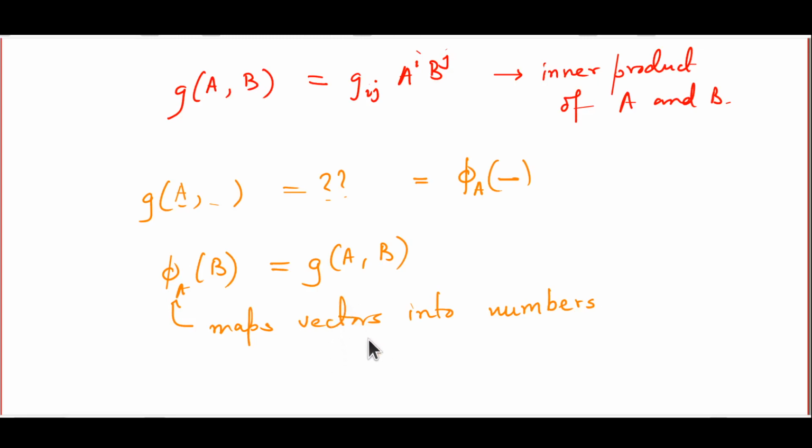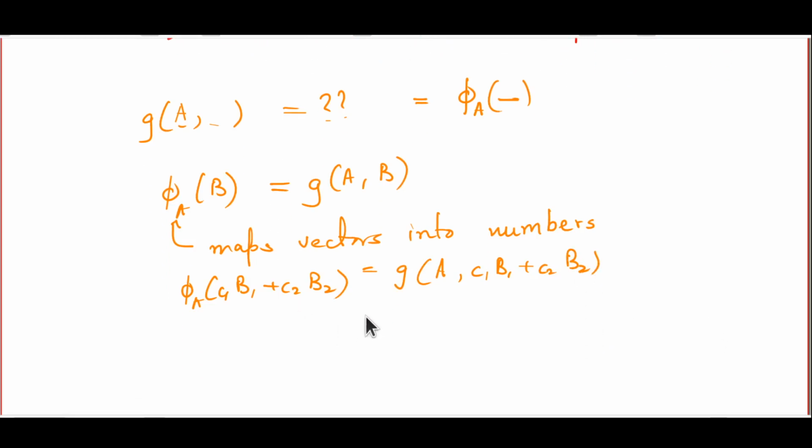Fine. But it not only maps a vector into numbers, it's easy to see that it does so linearly. Because if you fed c1 B1 plus c2 B2, a linear combination, to this particular machine, what you really would be doing is feeding A in the first slot of G and c1 B1 plus c2 B2 in the second. But since G is a multilinear map, it is linear in both the factors. So this will simply be c1 times G(A, B1) plus c2 times G(A, B2).